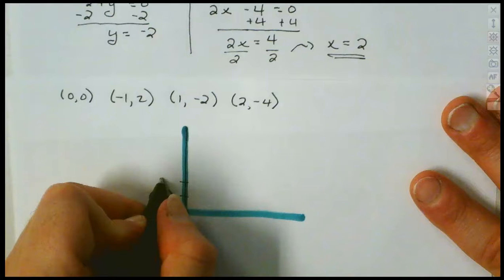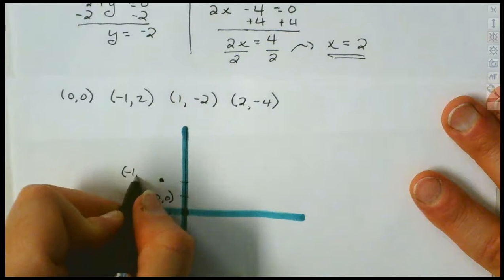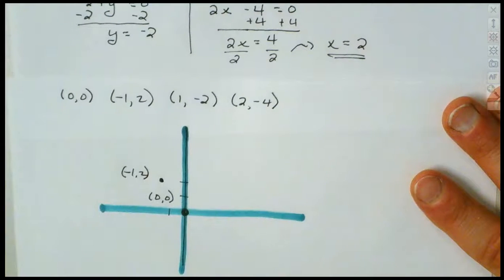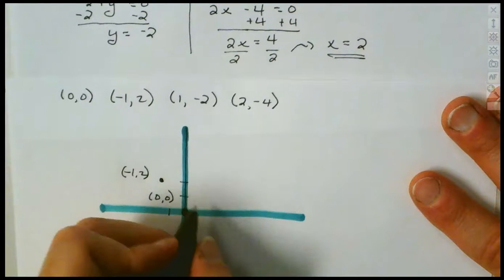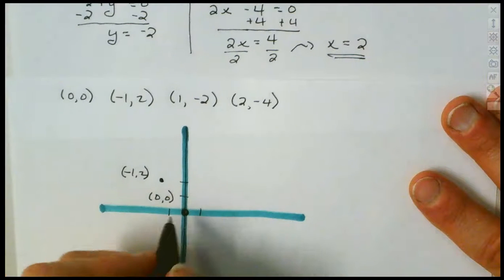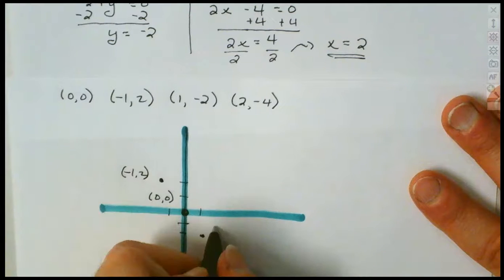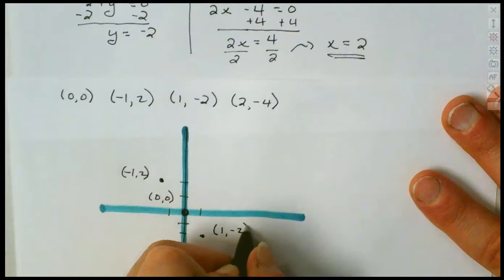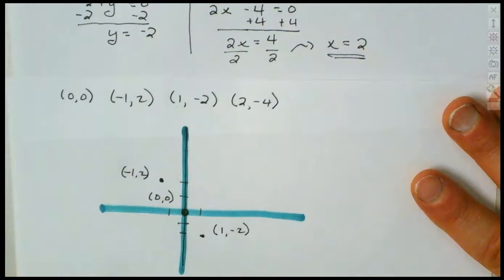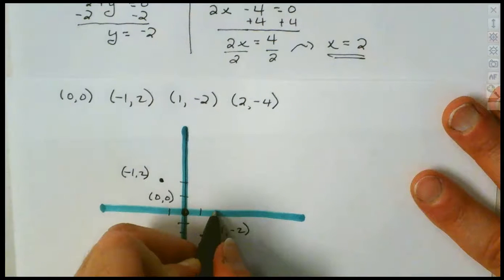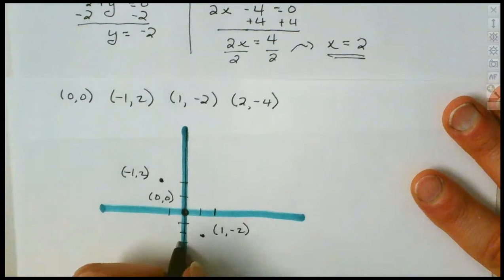So that's going to be right about there. And we've got positive 1, negative 2. So that's forward 1 unit, down 2. So that makes it right about there. And then we've got our last one, which is 2, negative 4. So that's over 2 units. And then down about 4.